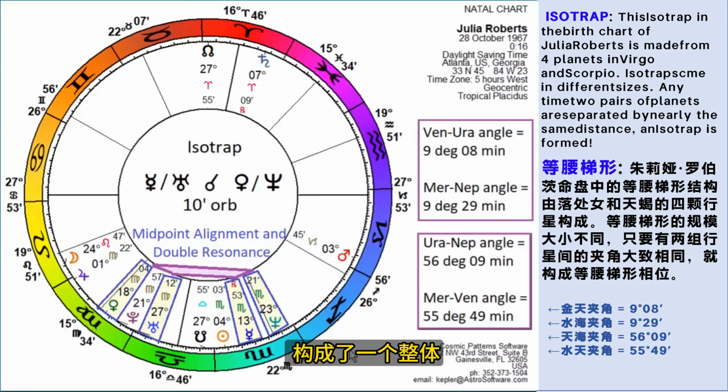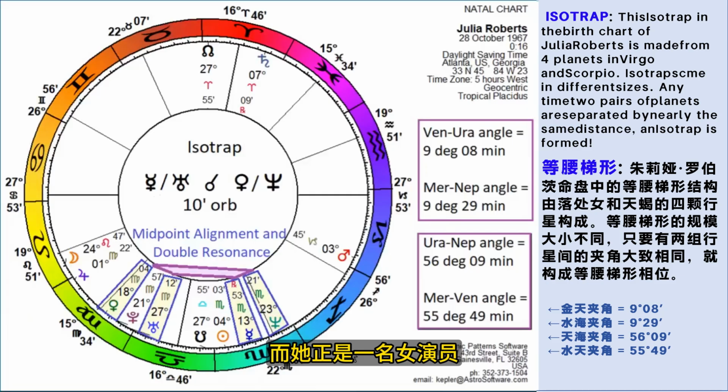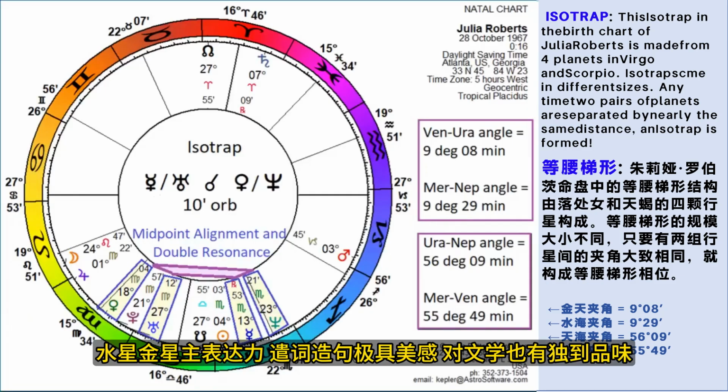And by the way, this is a good combination for things like theater. This is a very good combination. She is an actress. Mercury, Venus gives verbal intelligence, a sense of beauty and aesthetics and the use of words, appreciation of literature.